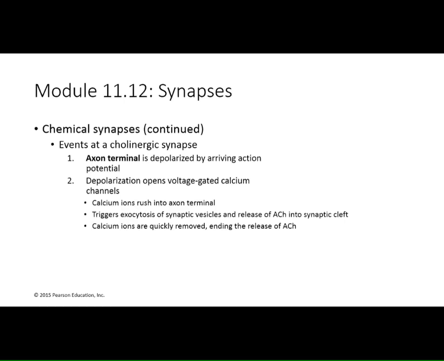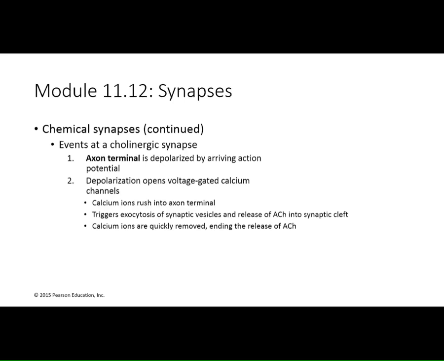That voltage difference is going to cause calcium gates to open. Well, it turns out that calcium is found outside of the neuron. This is going to cause calcium to come rushing into the terminus. When that calcium comes into the terminus, it is going to trigger exocytosis.